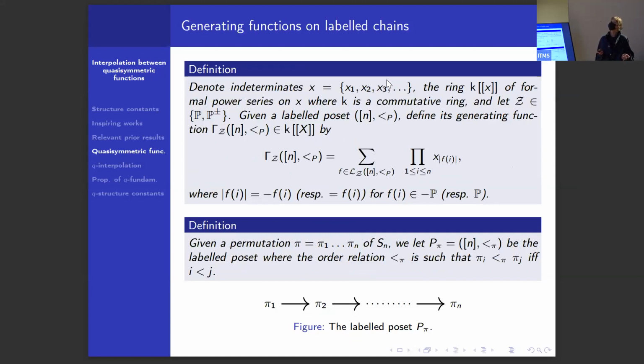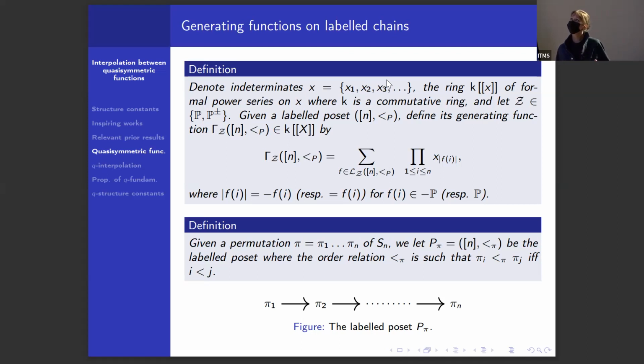Next, we define the generating function of a labeled poset as the sum over all P-partitions associated to the labeled poset of monomials indexed by absolute values of P-partitions. One more important definition is, in fact, the variation of the labeled poset that is important for the definition of other functions.